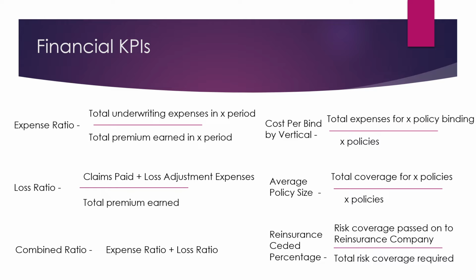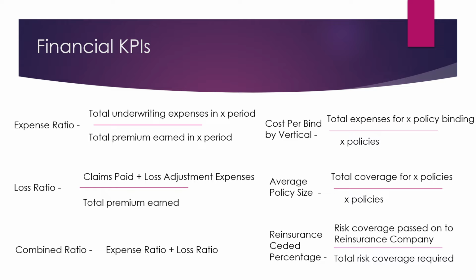Now, what this percentage says is the reinsurance ceded percentage. This is the risk coverage passed on to the reinsurance company versus the total risk coverage required. In the example I took, I need 100 rupees coverage from the insurance company, so my denominator here is 100 rupees. What is the numerator?